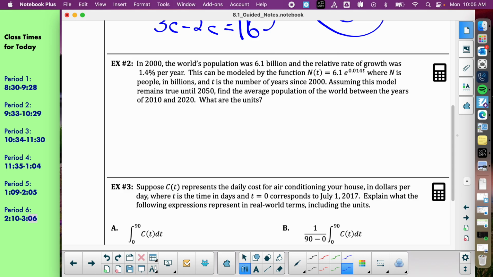The 1.4% per year is worthless because it says rate of growth, making things derivatives. You don't need that at all. That's built into the formula. We did that at the end when it asks for the units.